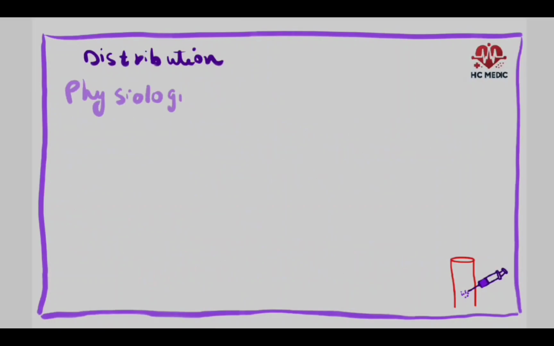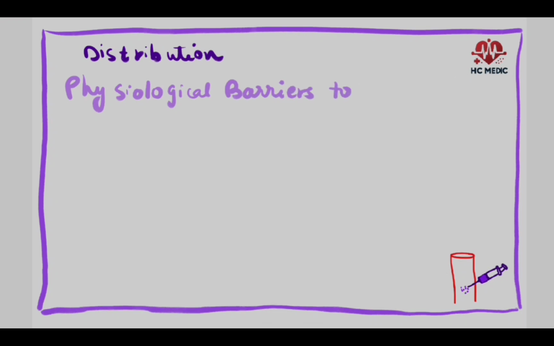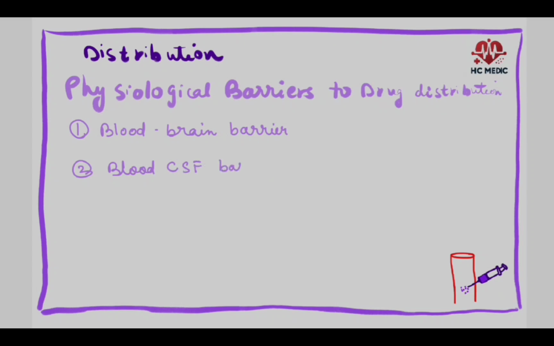Now let's discuss the physiological barriers to distribution. It includes two, that is the blood-brain barrier and the blood-CSF barrier. We know that the blood-brain barrier is generally the most resistant barrier, acting as a barrier to many different chemicals to protect the brain from harmful toxins and drugs, and the blood-CSF barrier does the same function.